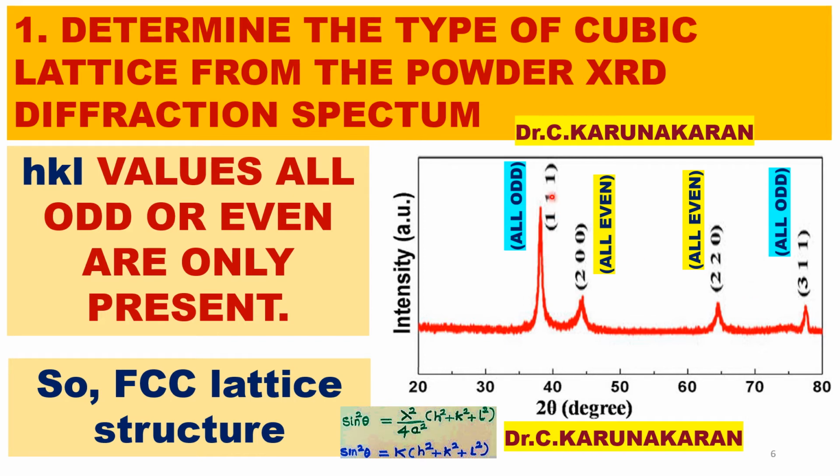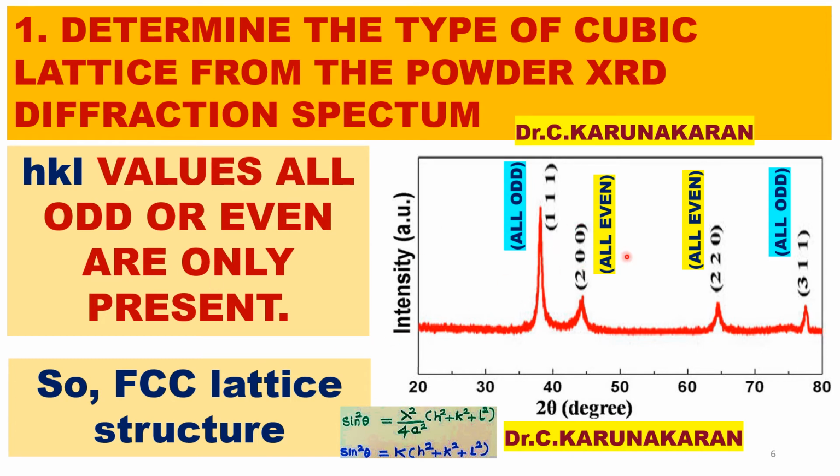Each peak corresponds to a particular plane. From theta, using the formula sine square theta equal to k into h square plus k square plus l square, these planes can be identified and labeled. How are the planes labeled or identified? By using the equation we have described.